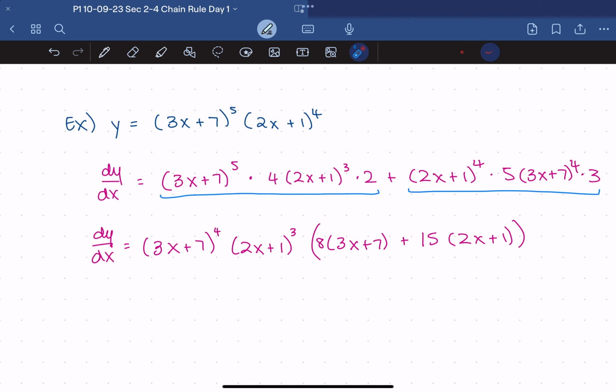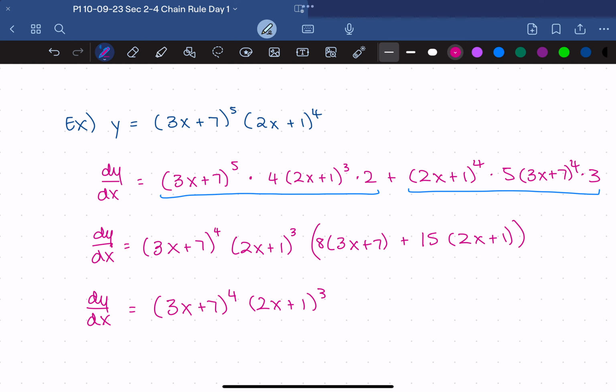And I didn't say it in the first term. I also took all of those out. And in the second term, I took all of those out. And dy dx, I have my GCF that I factored out.